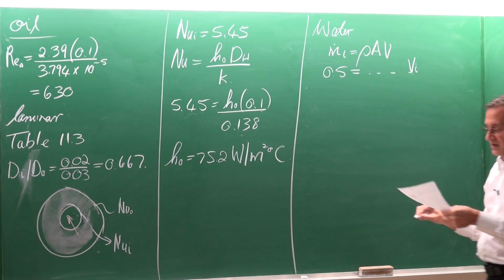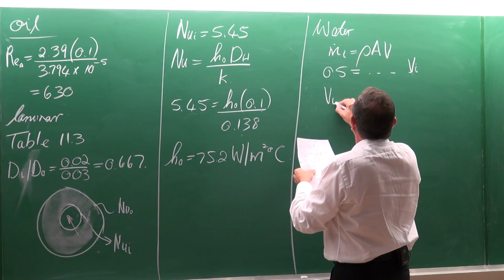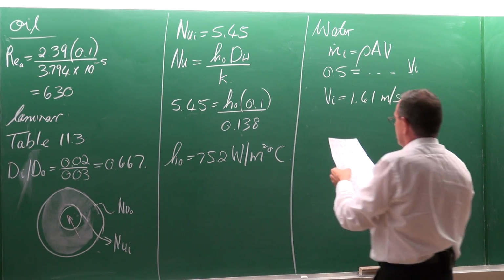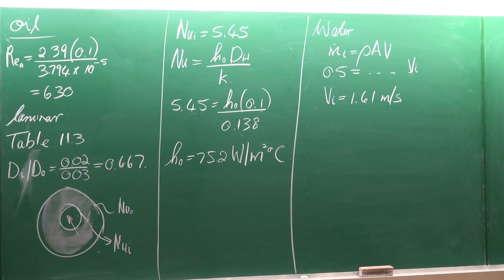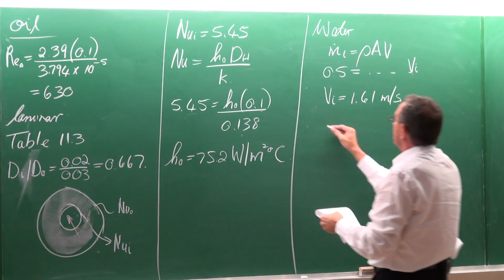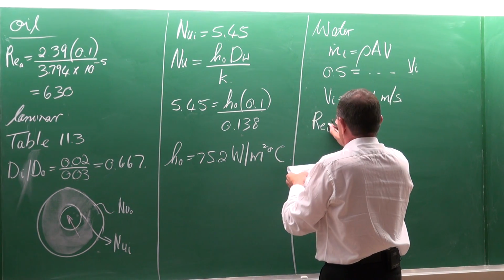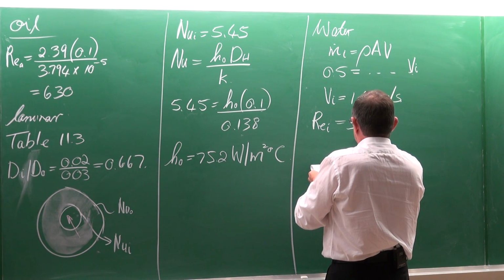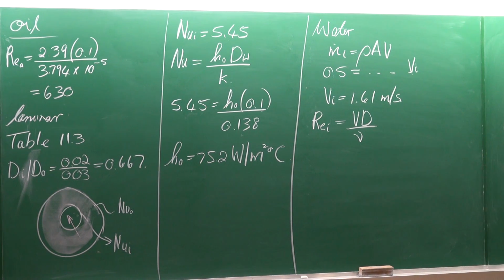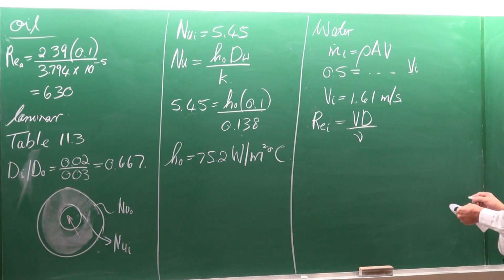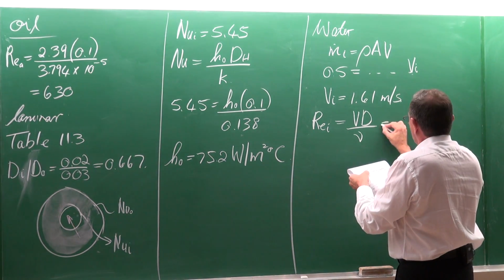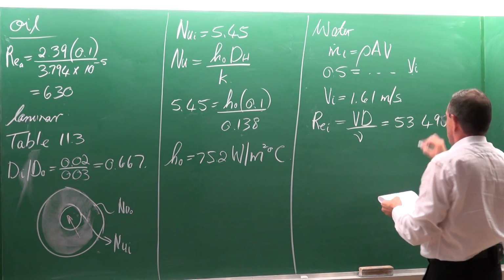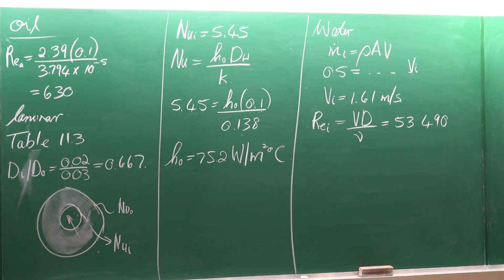From it you can calculate the velocity on the inside is 1.61 meters per second. The Reynolds number on the inside is equal to the velocity multiplied by the diameter divided by the dynamic viscosity, and that is going to be 53,490. Okay. Turbulent.